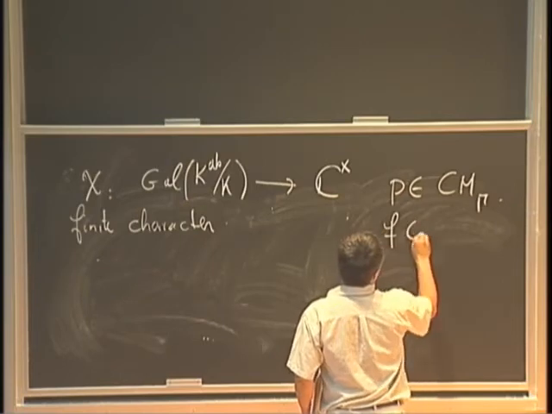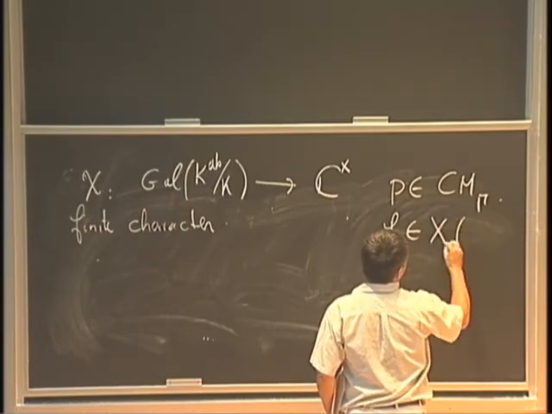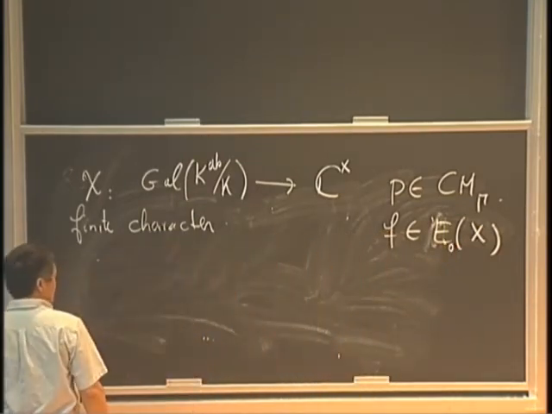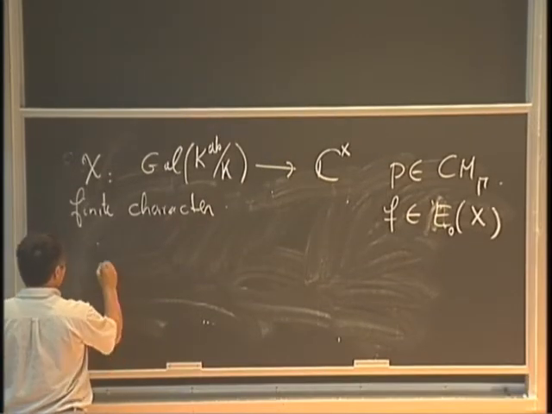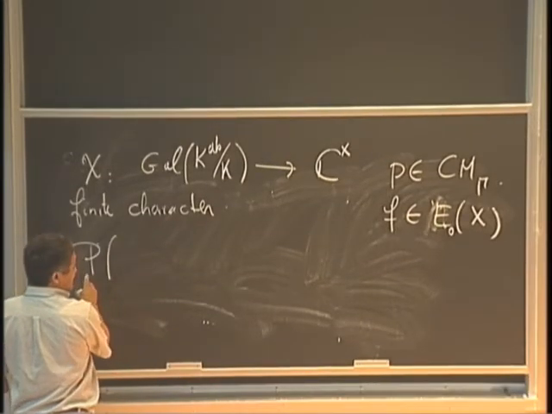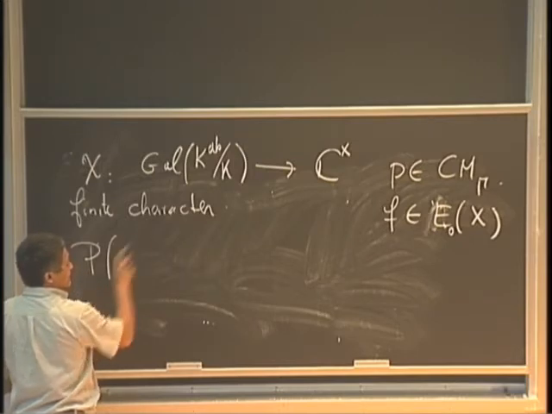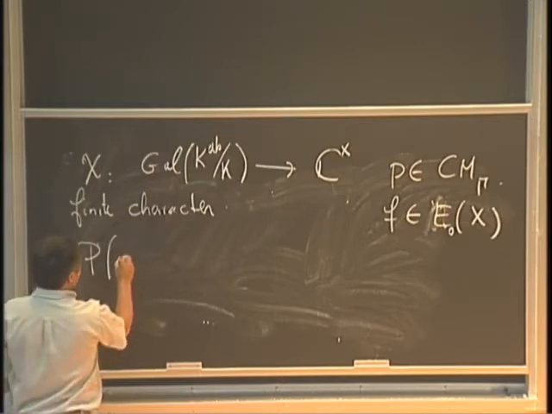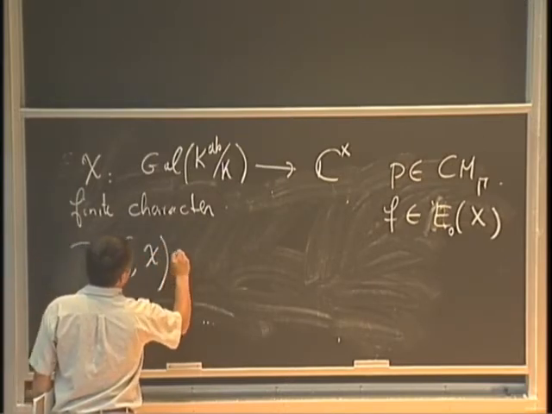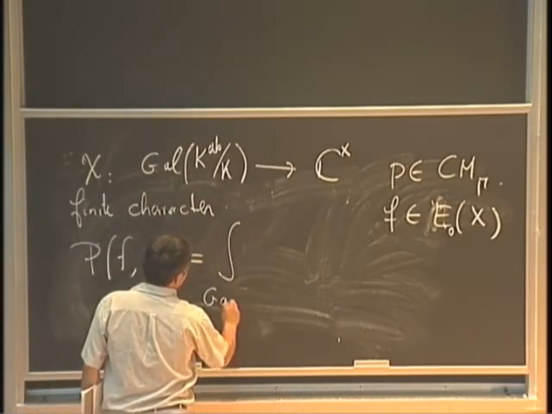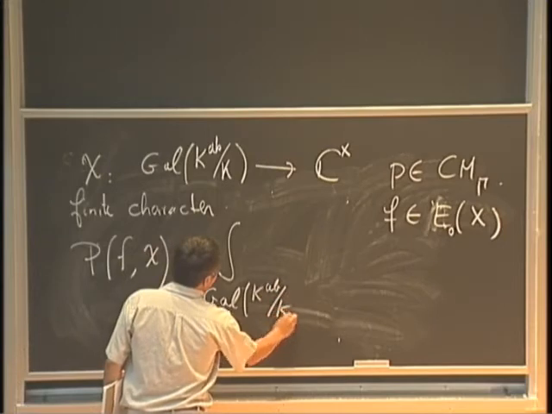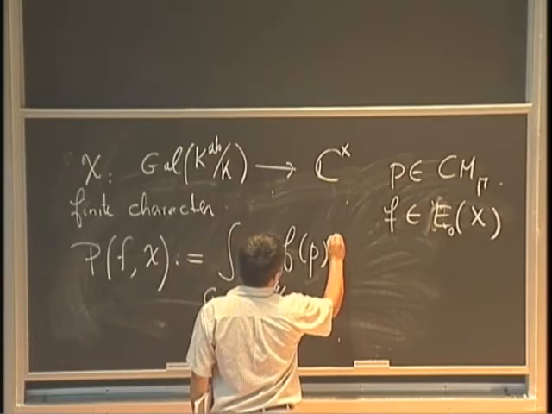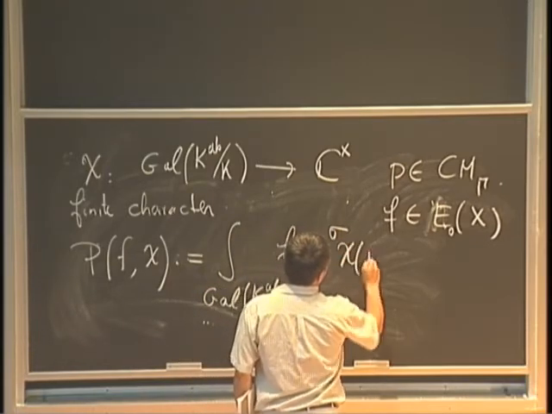I fix F inside X of E of X_0 here. I use the notation purposely to make you confused between this P and this P. This P will be referred to as the period. F of gamma here is defined to be the integration over Galois of K^ab over K of F of P of sigma, chi of sigma, d sigma.